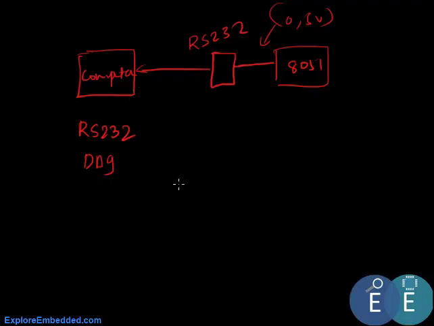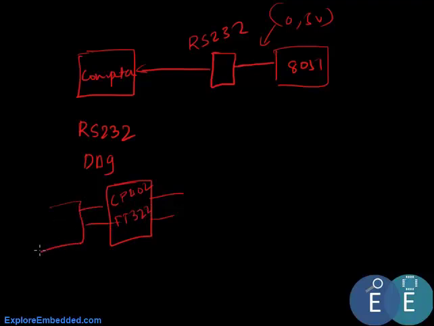And if you're using a USB to serial converter, it's pretty simple. If this is your USB to serial converter, like the CP2102 or the FT232, this is USB and is connected to your computer, and this gives transmit and receive.